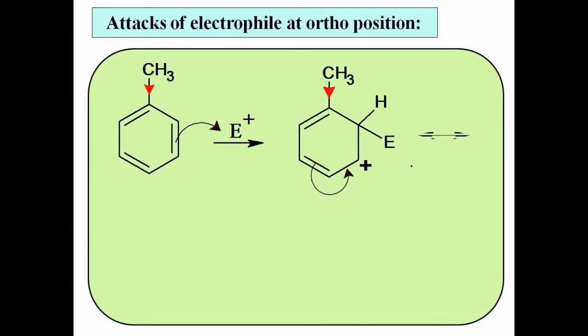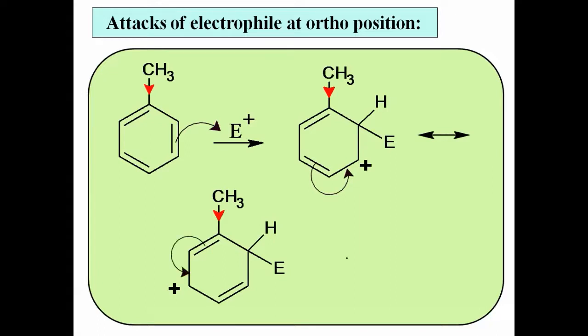It again undergoes delocalization. This electron pair goes here, and there is a formation of a new resonating structure. Here that carbon acquires a positive charge, and we get another resonating structure for the Arenium ion. Now this again undergoes delocalization. This pi bonded electron pair shifts towards the electron deficient carbon, and there is a formation of one more canonical structure.